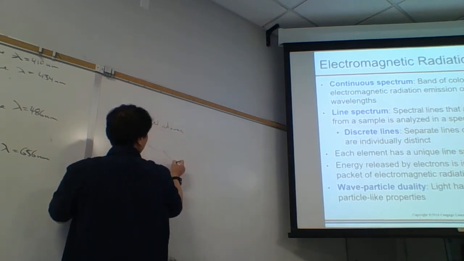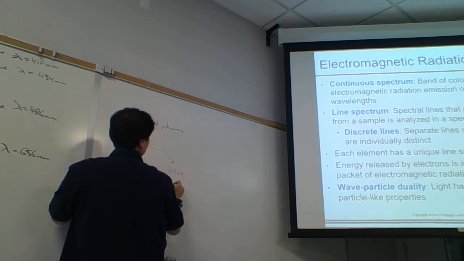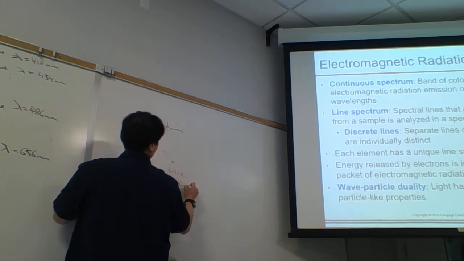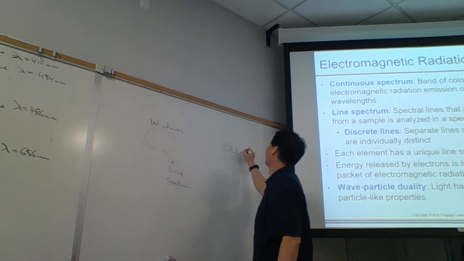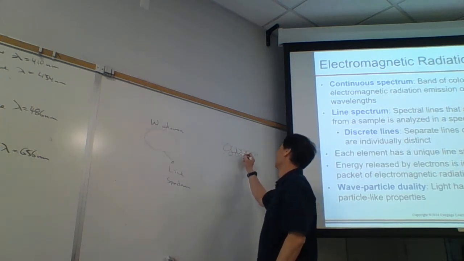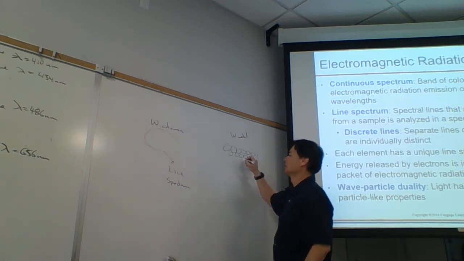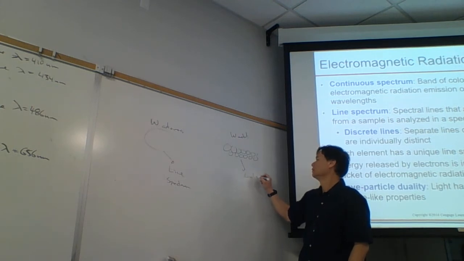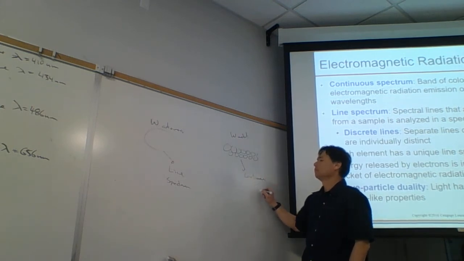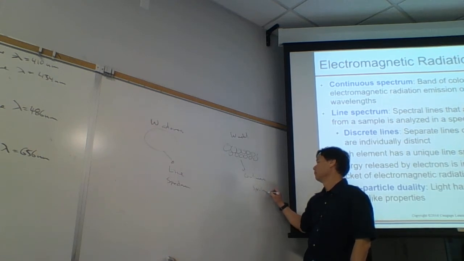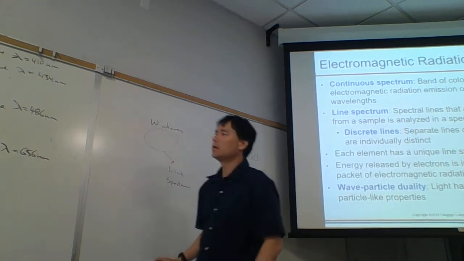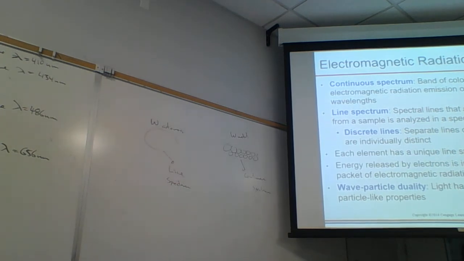Tungsten atoms emit a line spectrum. Tungsten metal emits a continuous spectrum. The sun emits a continuous spectrum. The hydrogen atoms in that light bulb emit a line spectrum.